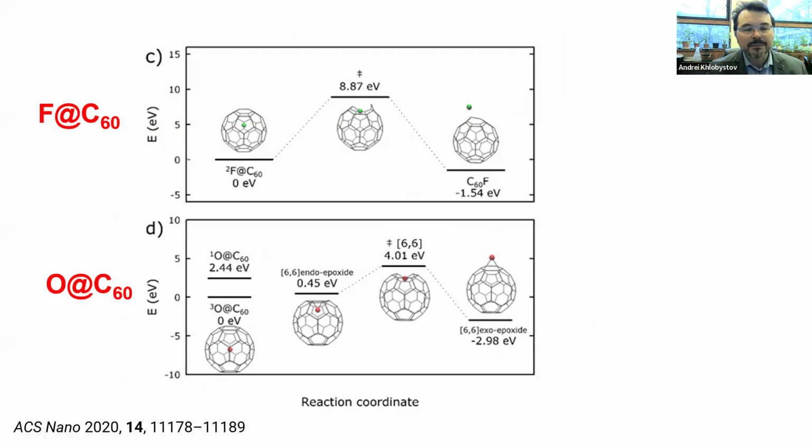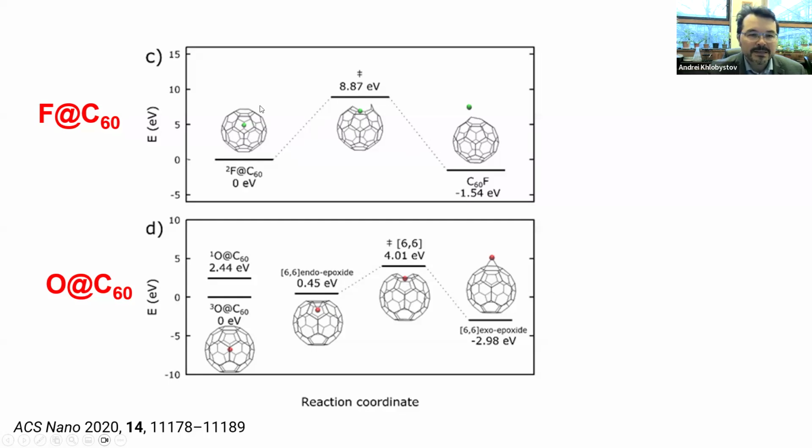But again, if you just forget about this hydrogen effect and just focus on what is left inside the fullerene, I just want to emphasize that what we're left with is a neutral atom of fluorine and a neutral atom of oxygen. These seem to be quite stable structures on their own. So these are calculations which are showing that it takes nearly 9 eV to expel a fluorine atom from the fullerene cage, and 4 eV for the oxygen atom to come out.